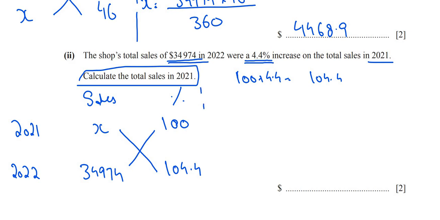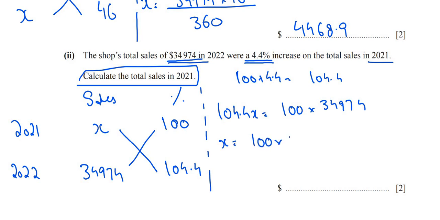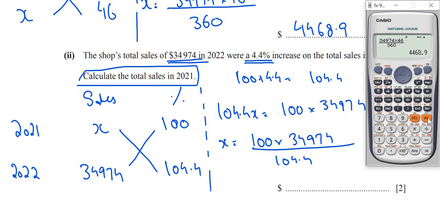Now what you will do? Cross multiply. So 104.4x is equals to 100 multiplied by 34,974. X is equals to 100 multiplied by 34,974 upon 104.4.